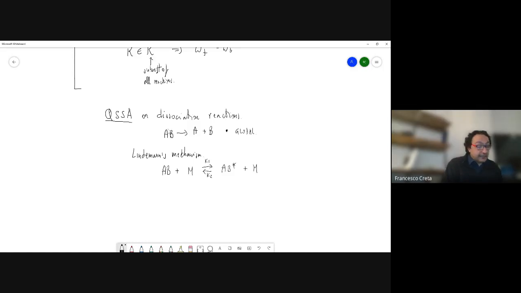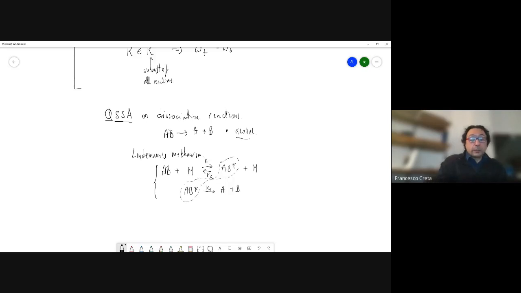So it becomes, in a sense, an intermediate, because now AB can actually dissociate by itself, once it's excited, through this process here, with a rate constant K3 into A and B. So the global reaction is actually hiding the fact that there is a third body that interacts energetically with AB. And you see now that AB star, which is a way of saying that this is an excited form of AB, is an intermediate.